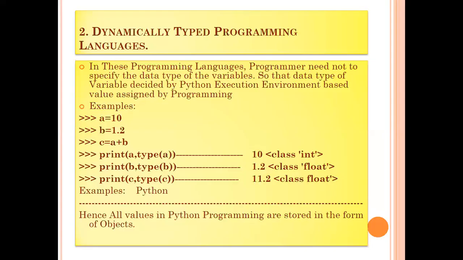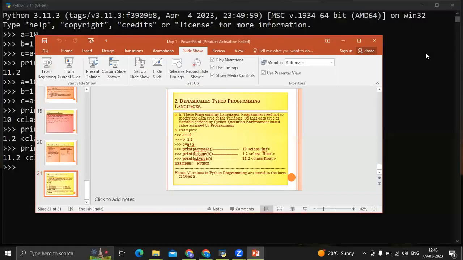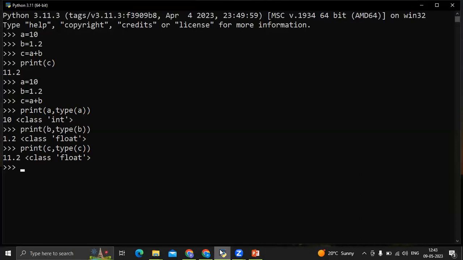Now let's go back. Let me show you. As I was telling you, I can type a, comma, b, comma, c. If I type like this, I'll get the static type.